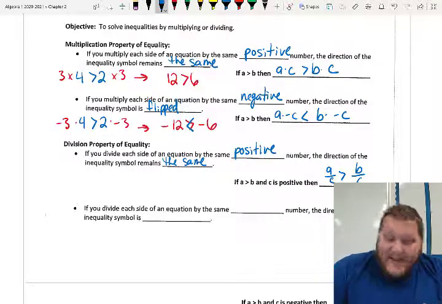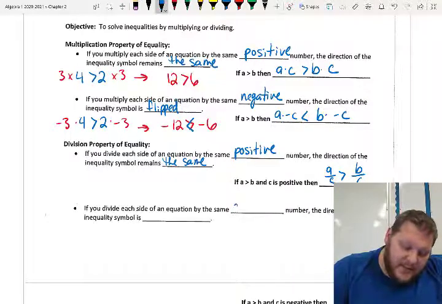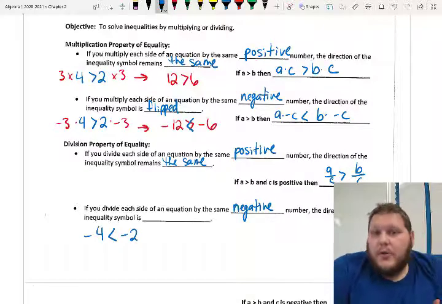But once again, the negative is a little bit different if I divide by the same negative number. So let's start with negative 4 is less than negative 2. Which is true. Negative 4 is smaller than negative 2. It's further away from 0 on the number line.